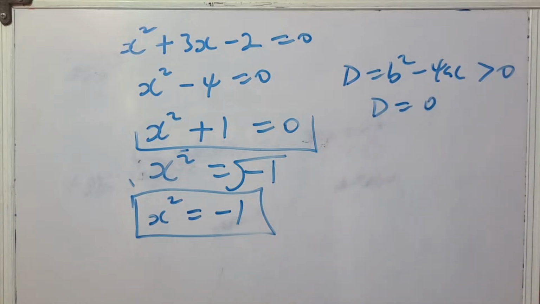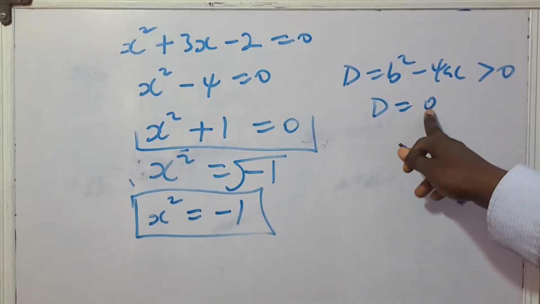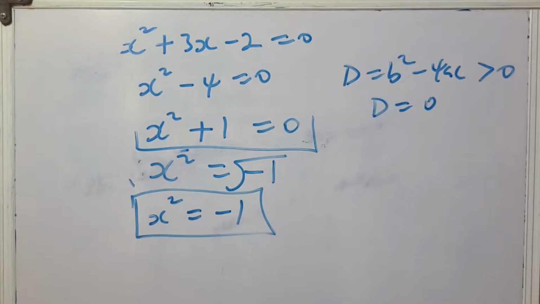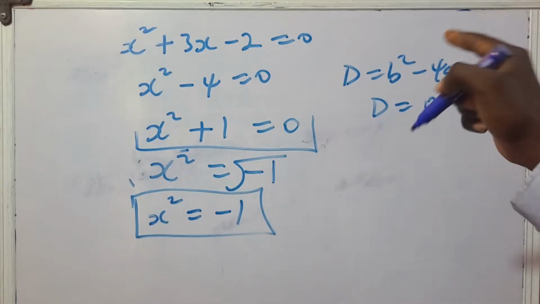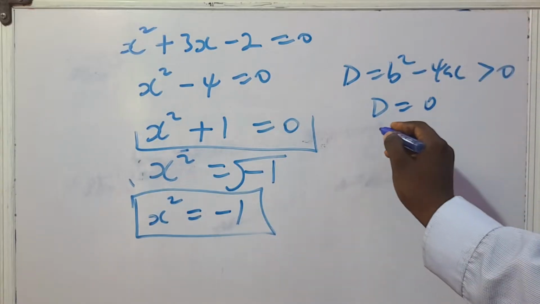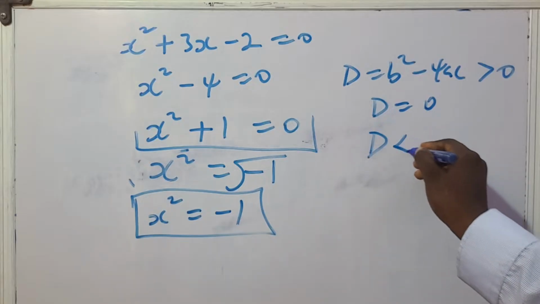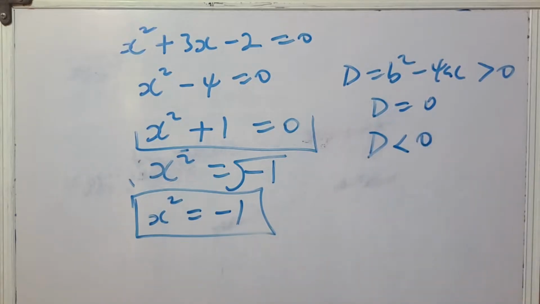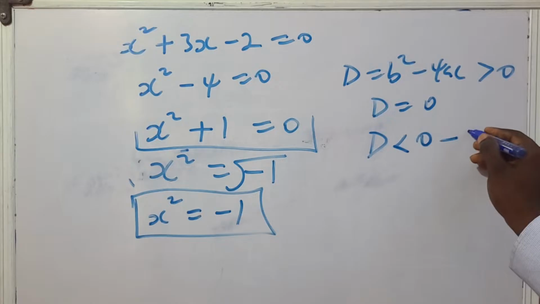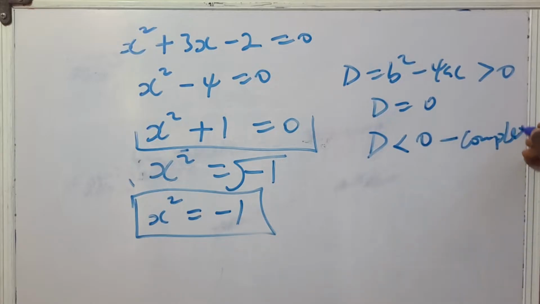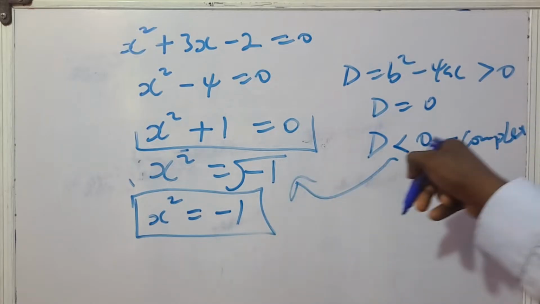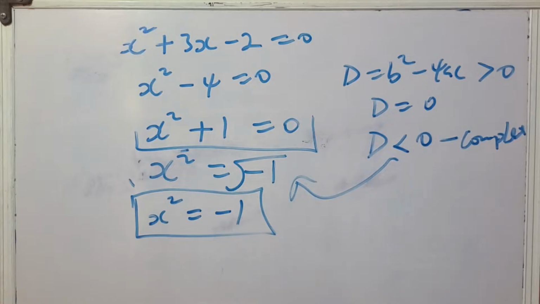It has just 1 root, rather, a double answer situation. And then we gave a last one, if you remember, where our discriminant was less than 0. This was when we said it has a complex solution. Well, here is the situation where something like this happens. So we want to talk about complex number.